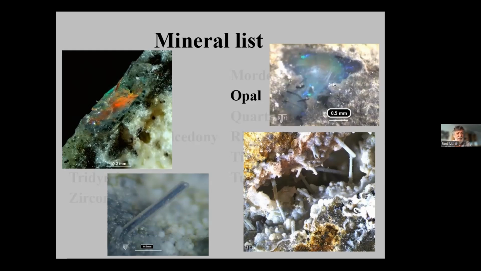Again, you can see half a millimeter, 0.2 of a millimeter, blues and reds. The largest piece I found, or the two largest pieces I found, were probably the size of my little fingernail. So you're not going to make a fortune out there.